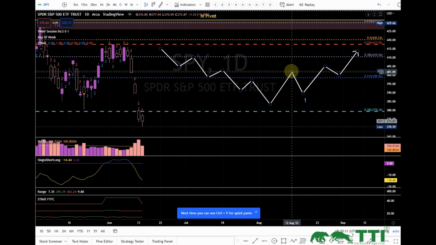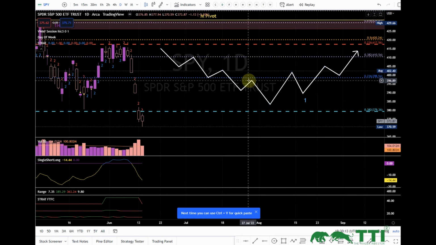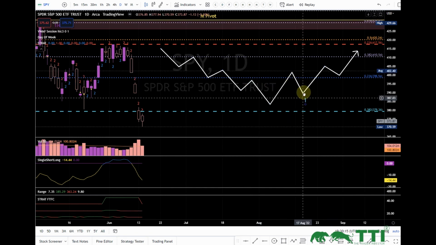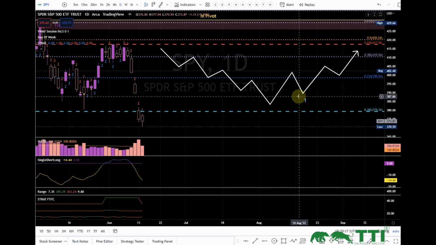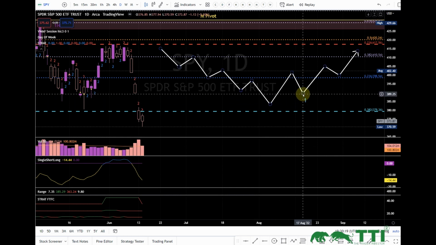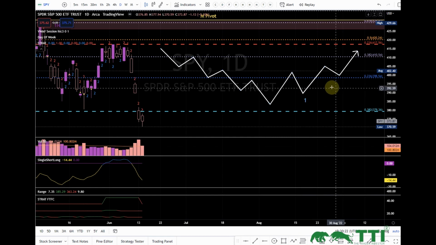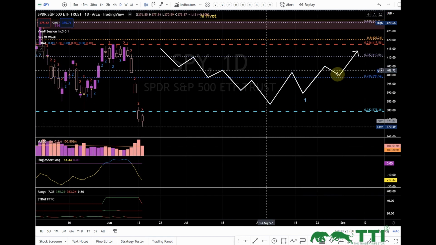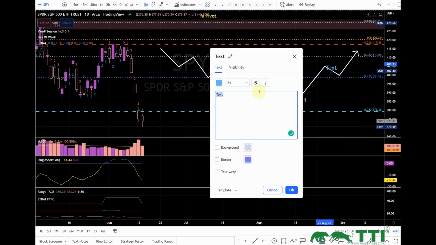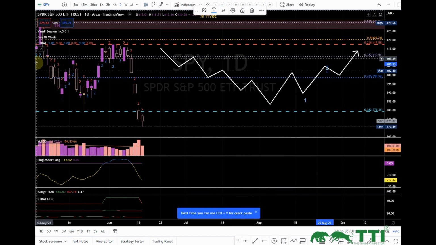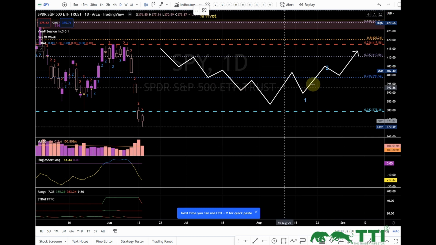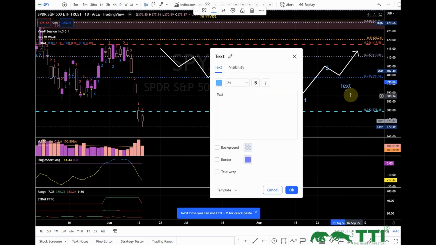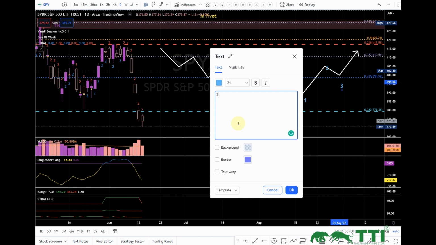Step one, I have to have a higher high. Step two, I have to have a higher low to confirm, okay, now we're starting to head in the right direction. Then I form a higher high. Now I'm ready to enter, but to enter, I need a pullback. I don't chase.